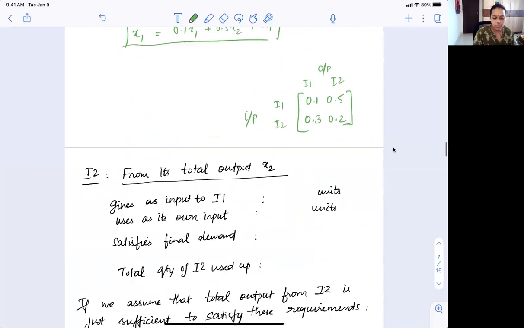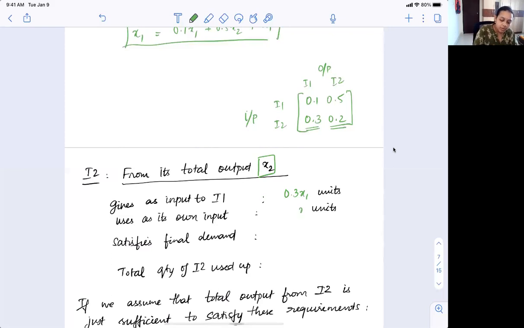Now, from its total output X2, industry 2 is going to give 0.3 for every unit of I1 that's produced. So if 0.3 for 1 unit, then it's going to be 0.3 times X1 for X1 units of production in I1. And for its own input, industry 2 uses 20 cents worth of its input for $1 worth of output.